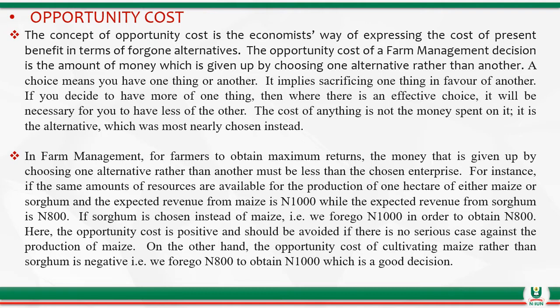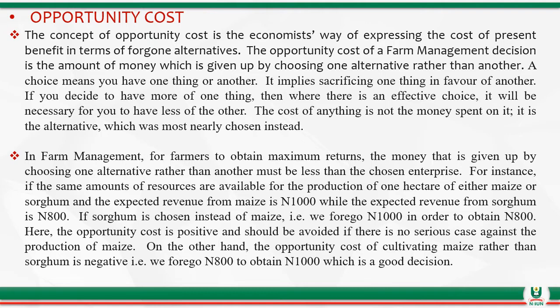The opportunity cost of a farm management decision is the amount of money which is given up by choosing one alternative rather than the other. A choice means you have one thing or the other to do. It implies sacrificing one thing in favor of the other.